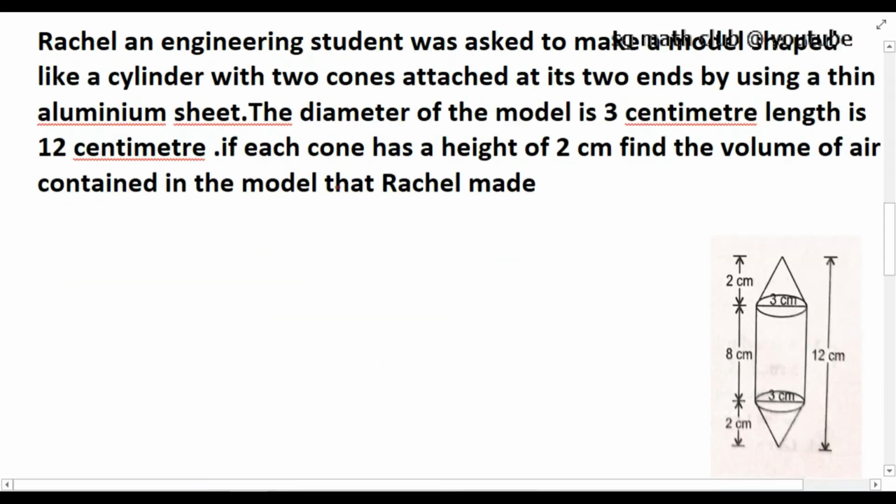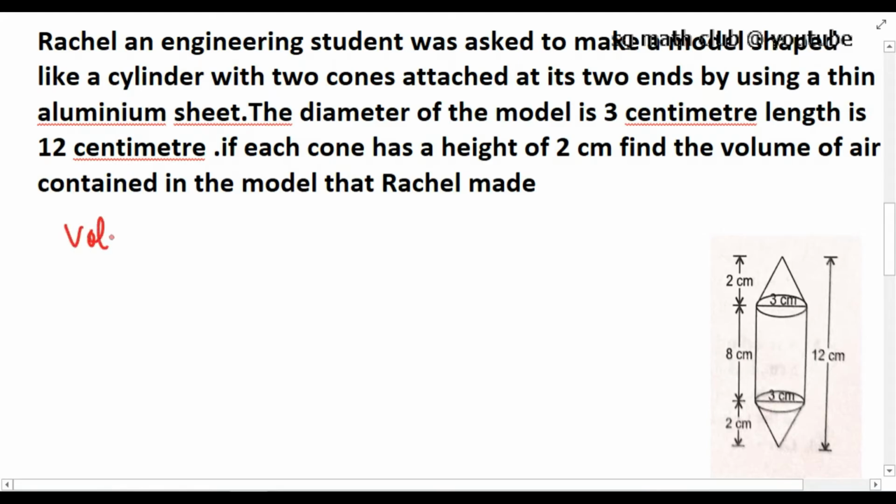Next question. Rachel, an engineering student, was asked to make a model shaped like a cylinder with two cones attached at its two ends by using a thin aluminum sheet. The diameter of the model is 3 cm, the length is 12 cm, and each cone has a height of 2 cm. Find the volume of air contained in this model.